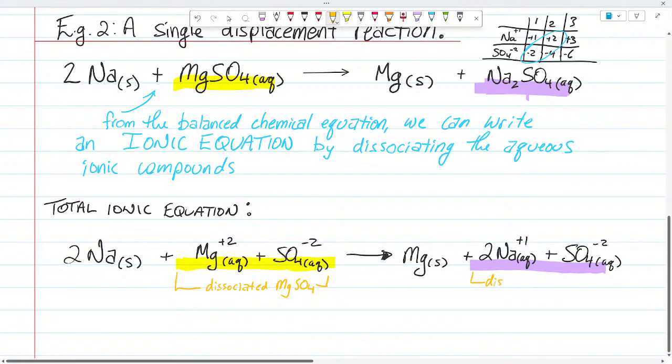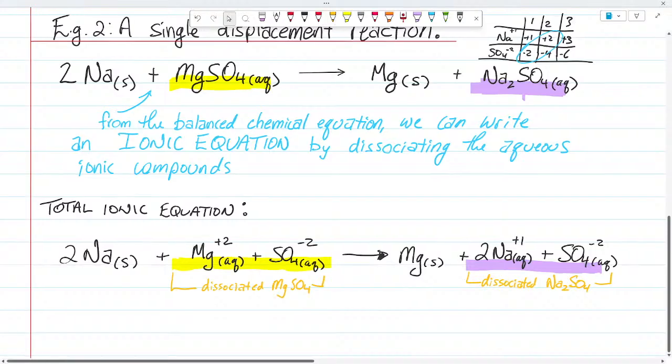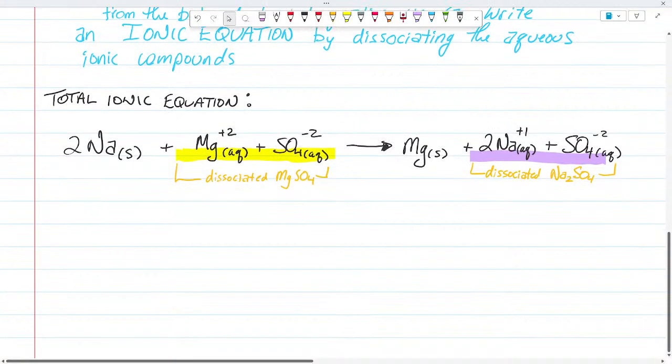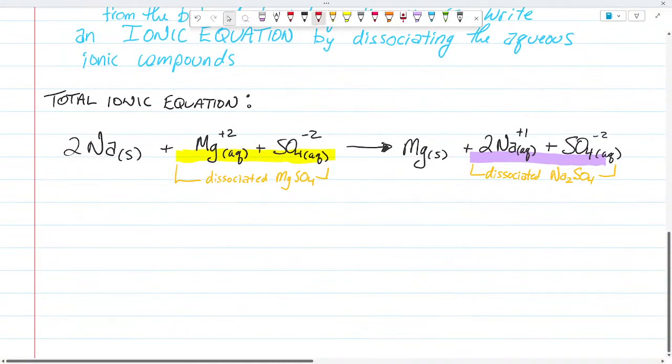Now, why bother with this? Isn't that just messier? And to start with, we can agree, is it messier? Yeah. But it's actually going to help us understand something or learn something really fundamental about this reaction.